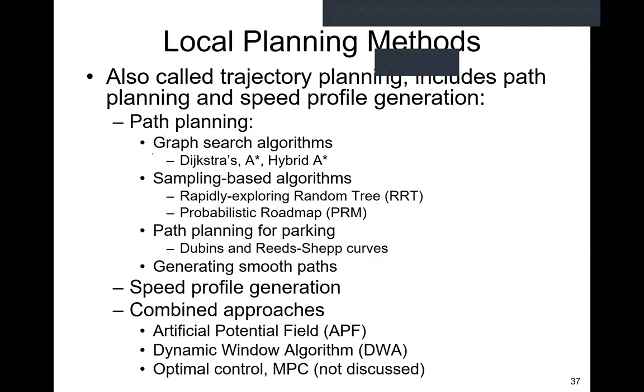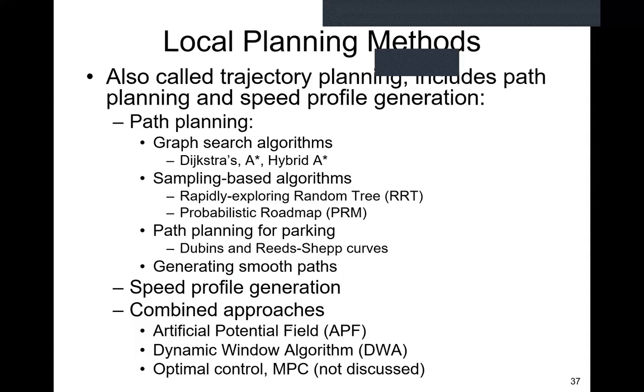For path planning, you can use graph search algorithms such as Dijkstra's, A-star, hybrid A-star, and sampling-based algorithms. We'll introduce two of them. And we'll talk about path planning for parking and then generating smooth paths and speed profile generation.